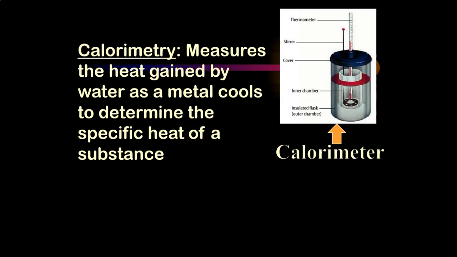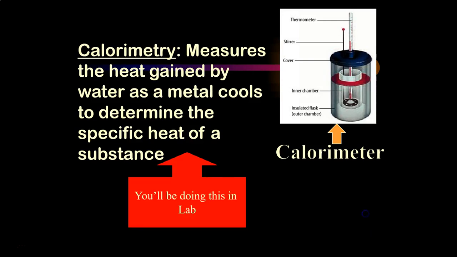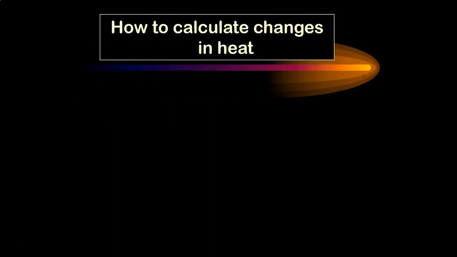And using that information, we can determine what the specific heat is. So it's just one way of measuring the specific heat in the lab, which is how we do have to measure that specific heat. It's not really something that we can just calculate out with numbers. We have to collect data first, and that data is collected in the lab. We'll be doing this as well at the end of this unit, sort of on the last day.